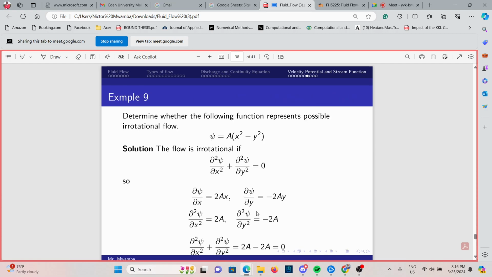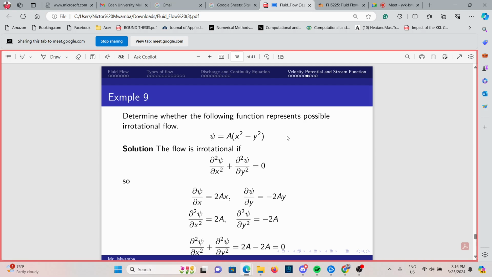An example: determine whether the following function presents a possible irrotational flow. So for a possible irrotational flow, just try to see if this stream function is going to satisfy the continuity equation. That's all.